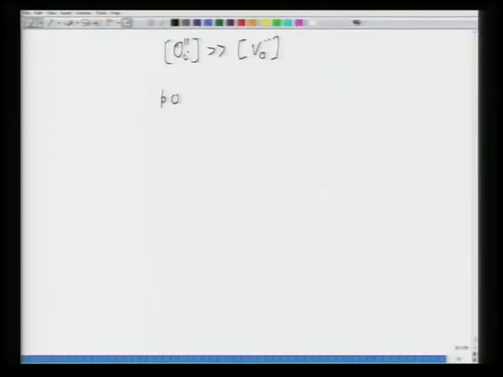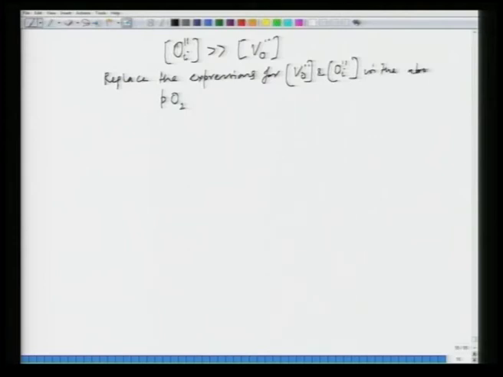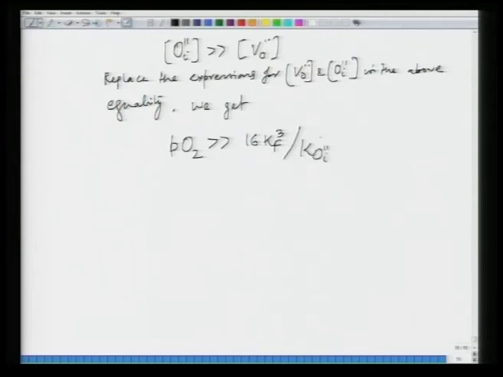and I will just write the final expression now. So replace the expressions for VO and OI in the above equality or inequality, the way you look at it, we get PO2 much bigger than 16 Kf cube divided by KOI square.